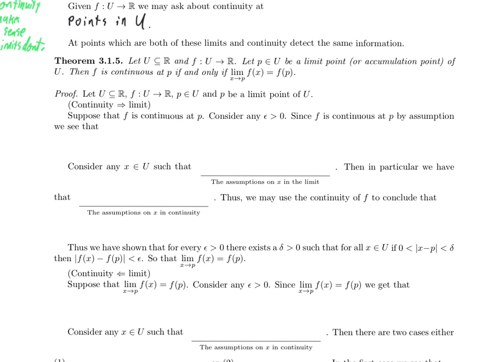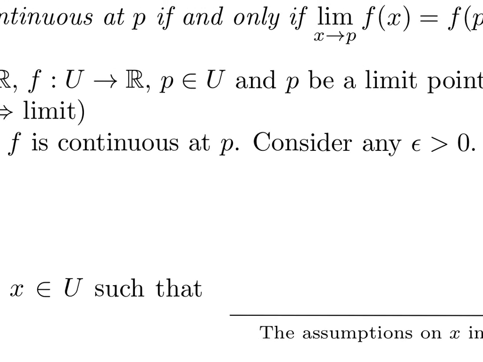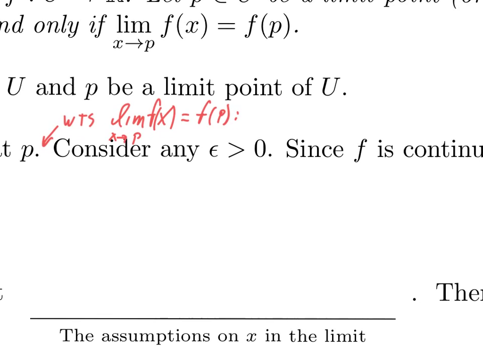So let's suppose that f is continuous at p. And maybe just for help, I'll put the want to show. So I want to show the limit as x approaches p of f of x is equal to f of p. And as long as this is just scratch work anyway, what does that mean I need to show?